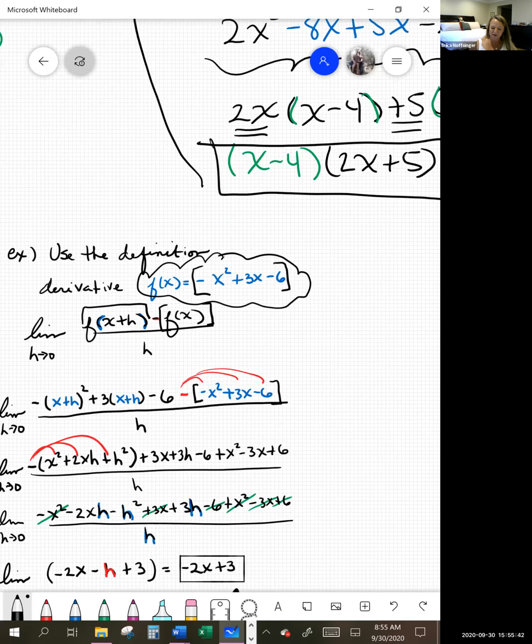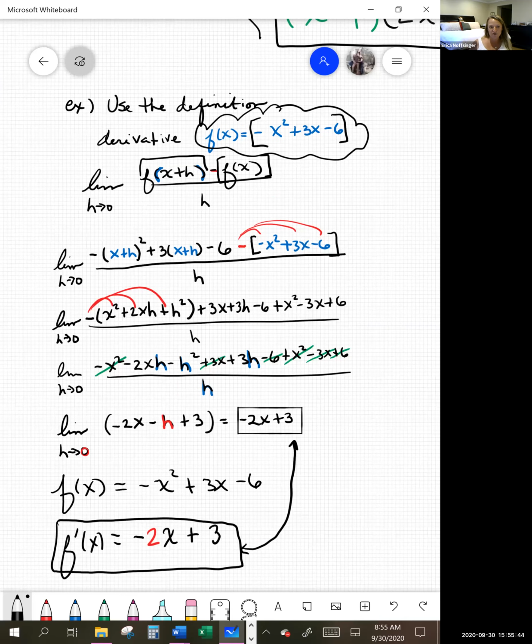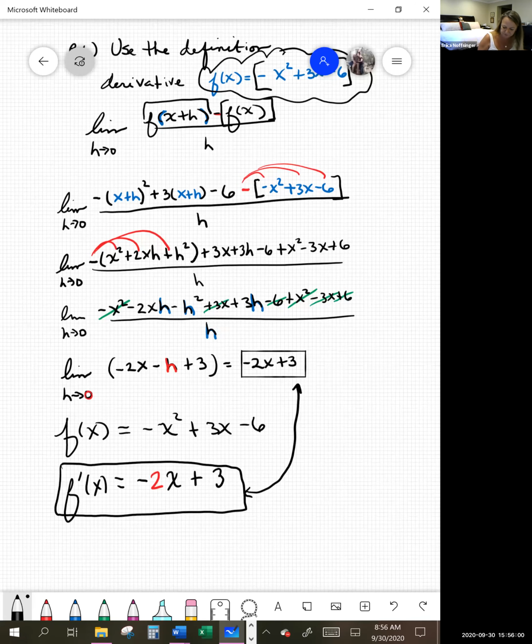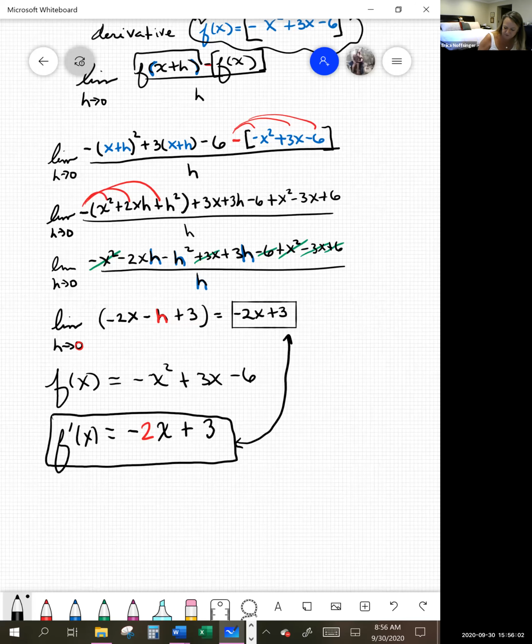Because you know the general power rule, you can check it really easily and see if you had made any errors. So if it wanted then to say, what is f prime at a particular number? We can find f prime at any number now because we did it this way.